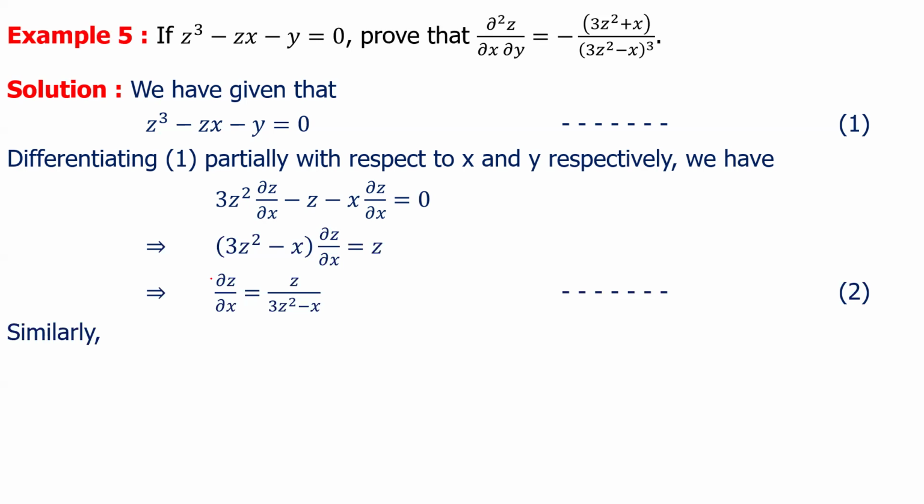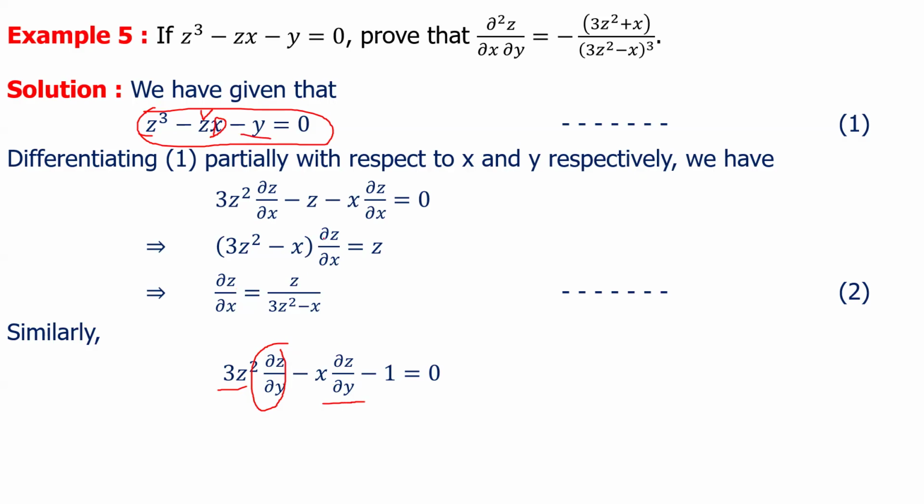Similarly, let us differentiate partially with respect to y. The derivative of z cube is 3z square del z del y, minus x. What is the derivative of z with respect to y? Del z del y, and the derivative of y with respect to y is 1.